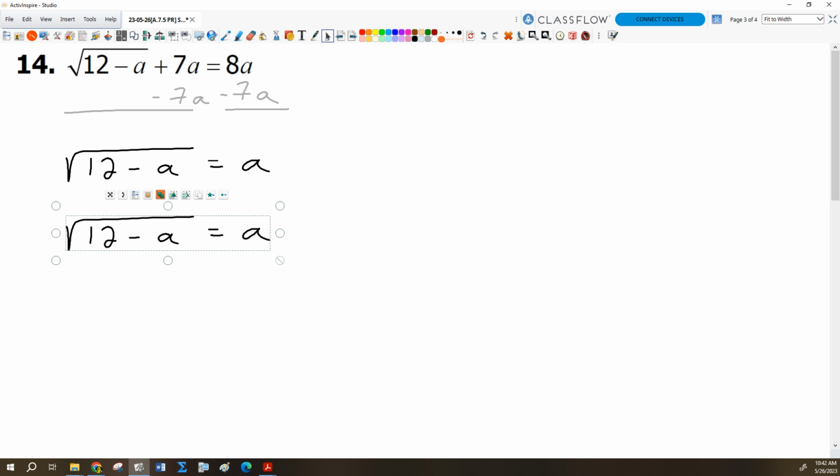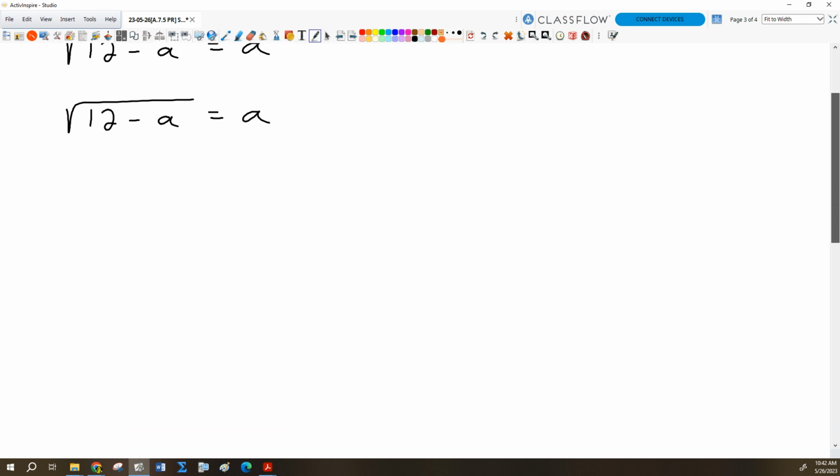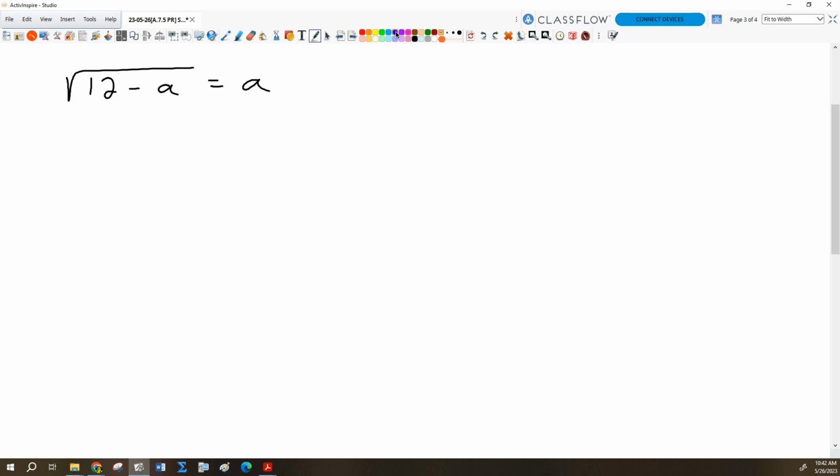Yeah, square both sides, right? Because I got to undo the square root. So if I square both sides, I'm going to get what on the left side? On the right side?